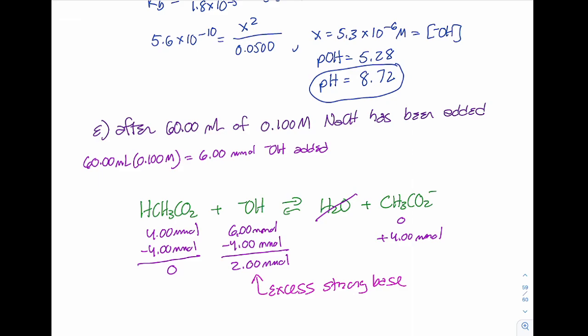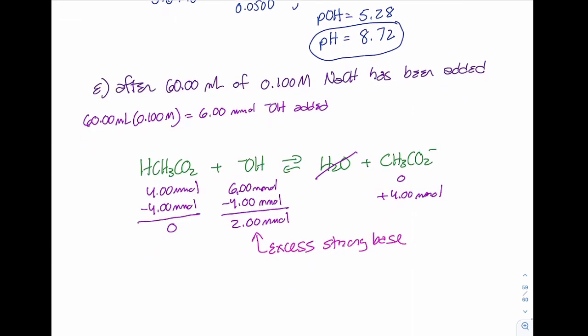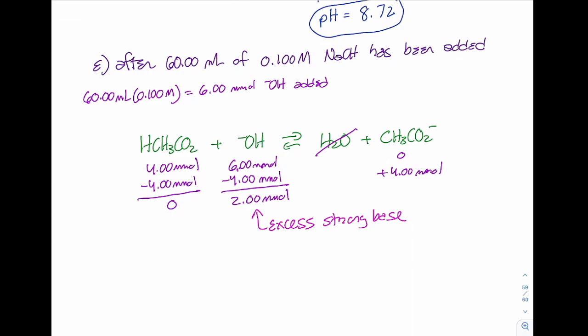So we're actually just going to calculate the pH as you would for any strong base solution. I do have a weak base over here, right? I do have 4 millimoles of acetate ions, right? And that is a weak base. So if you wanted to do the problem kind of complete, you would actually do two things.